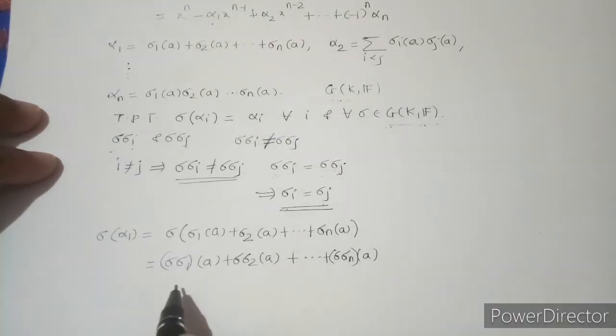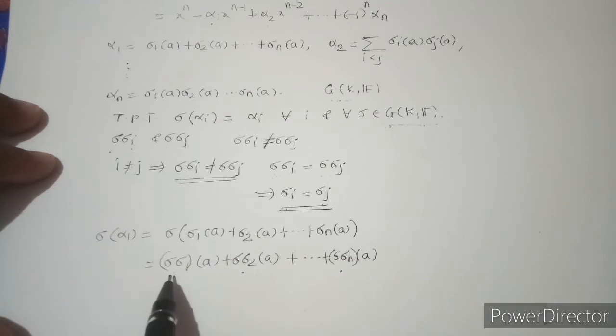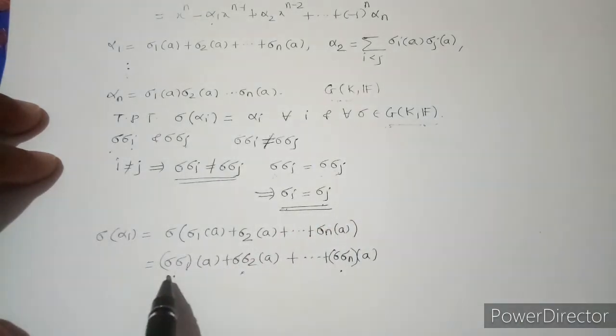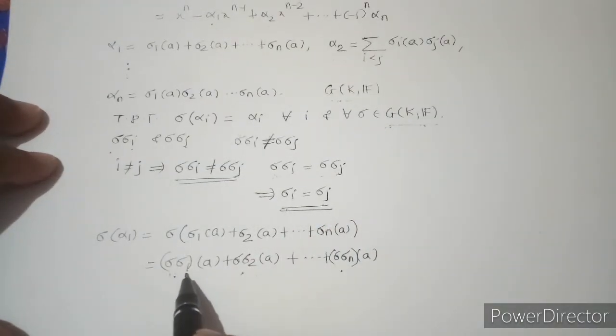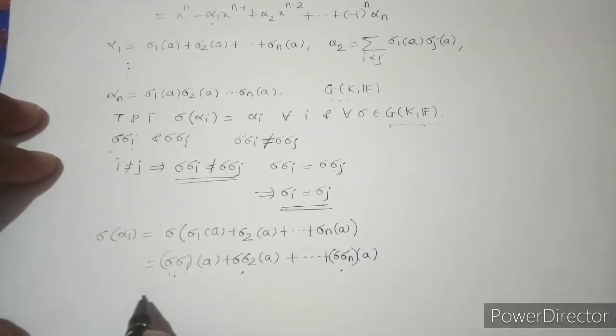Now as sigma sigma 1, sigma sigma 2, up to sigma sigma n are all distinct, they are n in number. Further, they are again members of G(K, F). Each sigma sigma i has to be equal to some sigma j, and therefore what I get is that it is equal to alpha 1.